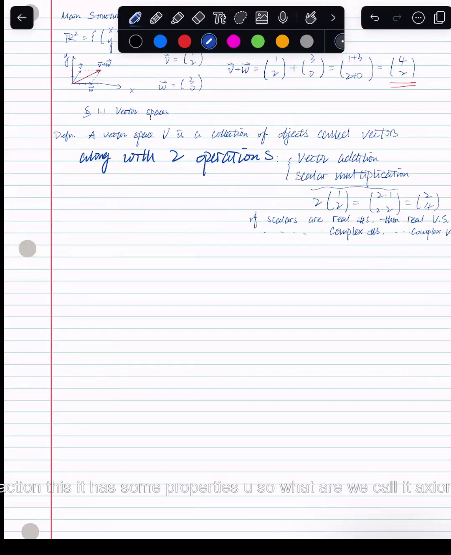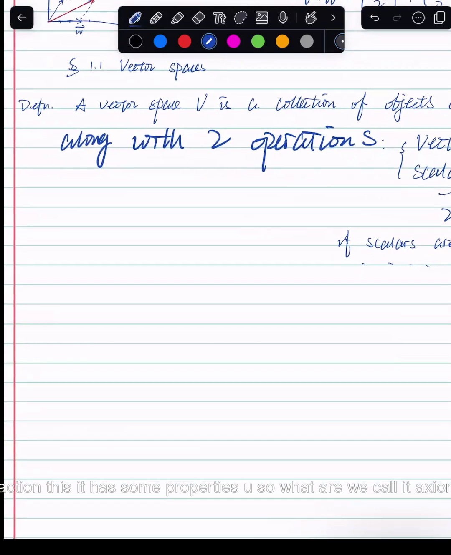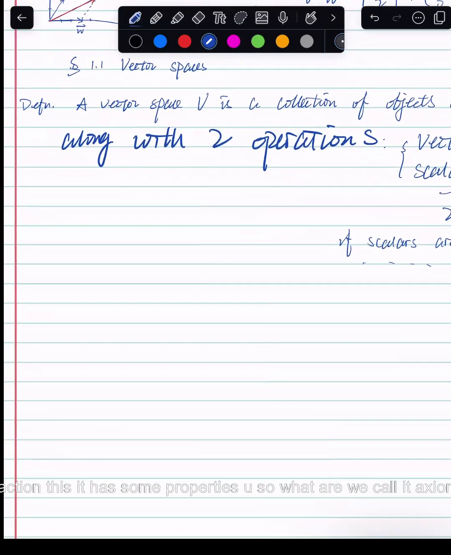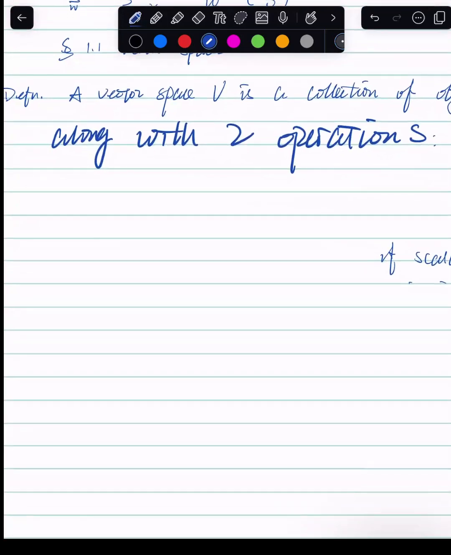Okay, so this vector space has some properties, or we call them the axioms of the vector space.